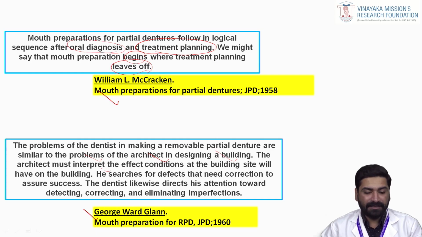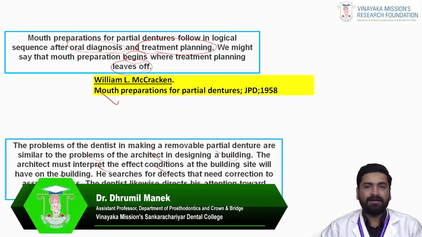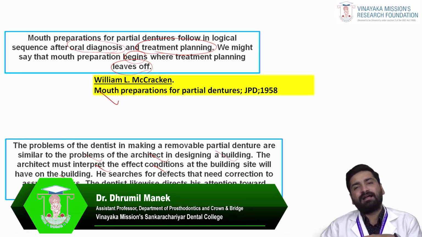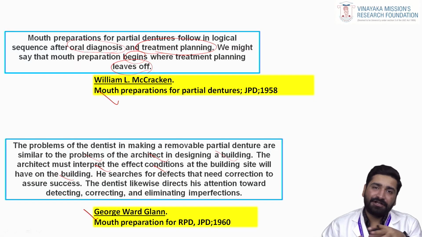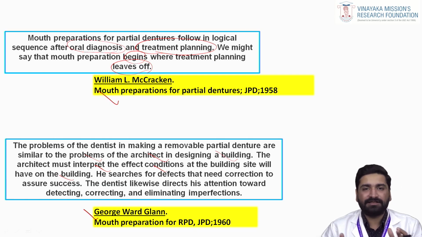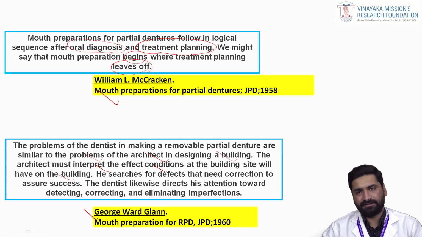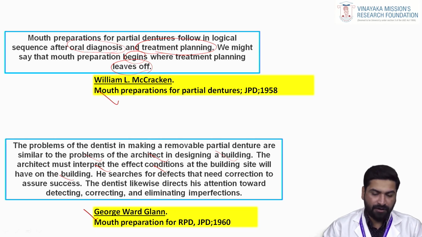The architect must interpret the effect that conditions at the building site will have on the building. Similarly, we should understand well what is present in and around our oral cavity, and what the effect of those structures will be when we give the prosthesis.